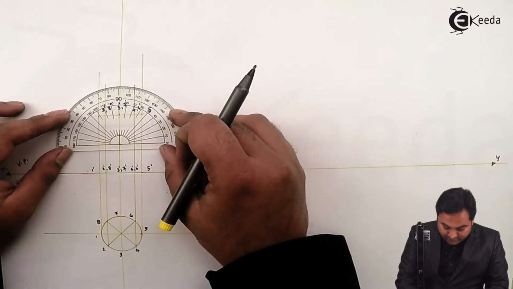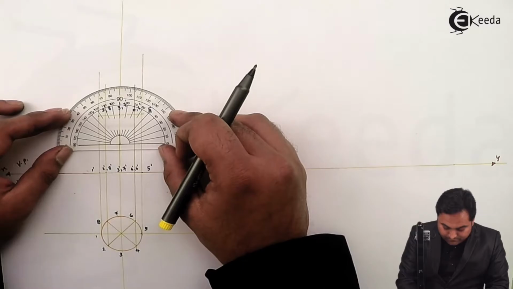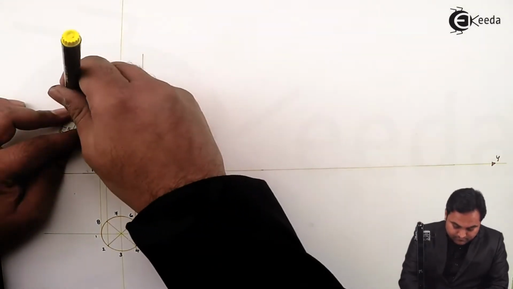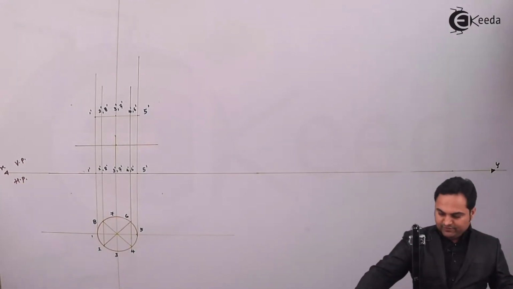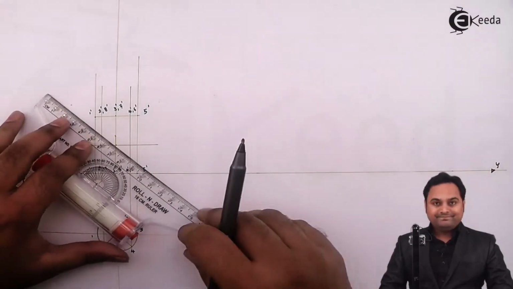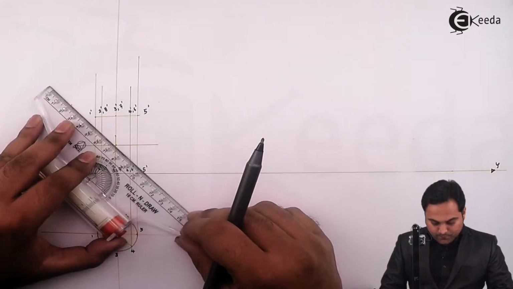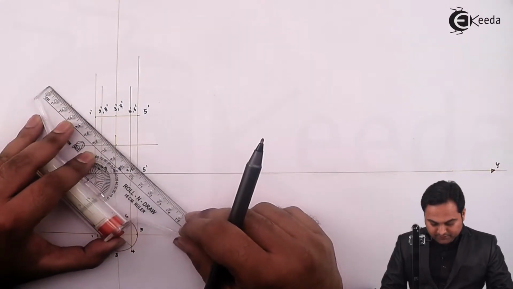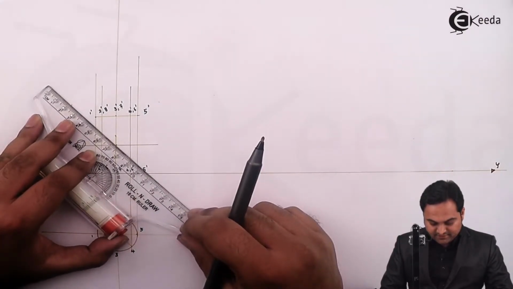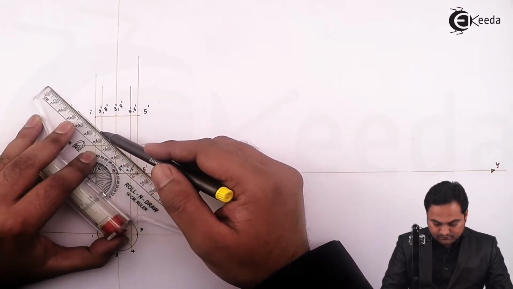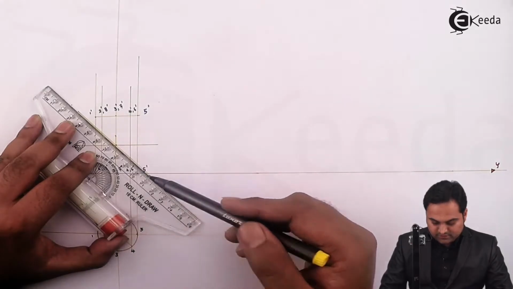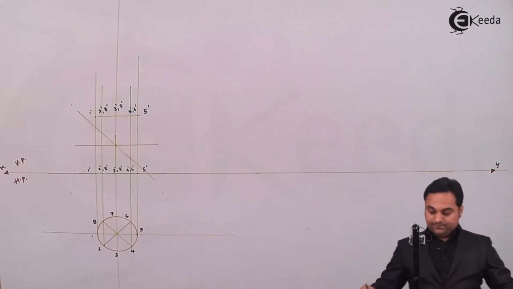So I'll measure the angle 45. Now I'll draw a line inclined at 45 degree, which is the cutting plane, passing through the midpoint of the axis, that is bisecting the axis as mentioned in the question. This light line indicates the cutting plane.